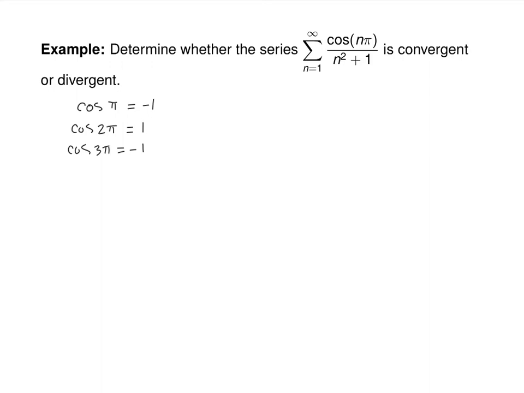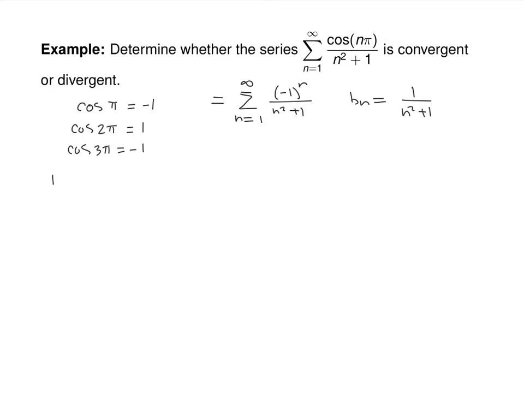So we do have an alternation going on here. If the terms don't alternate exactly, it isn't an alternating series and you can't use this test. This will be (-1)^n, because our first term is negative, all over n squared plus 1. So in that case, what we're calling b_n is 1 over n squared plus 1.